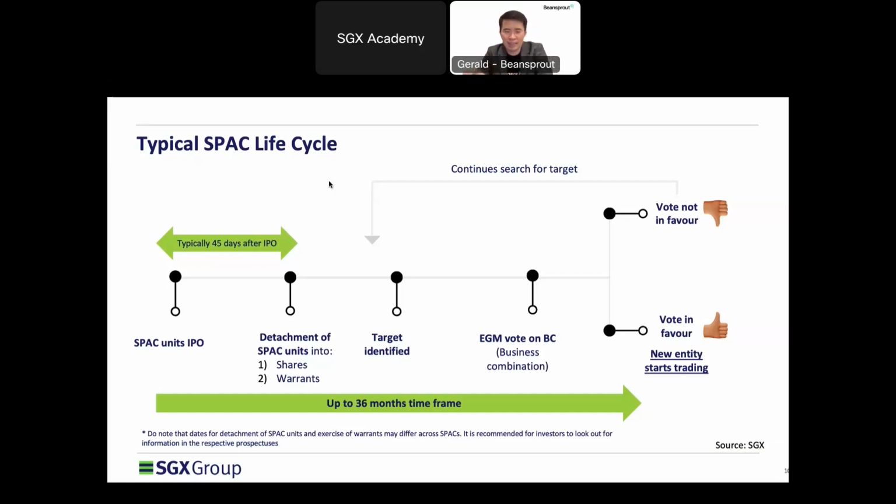Maybe to a lesser extent if I were investing in stocks and REITs, because they are not bound by this life cycle. So first and foremost, we have the IPO of the SPAC unit.